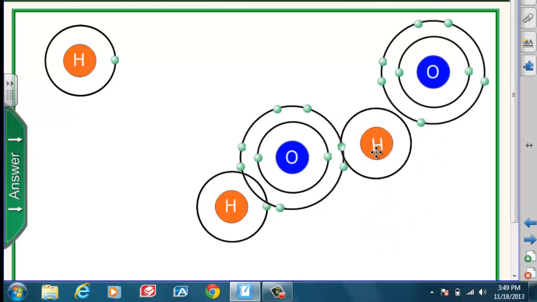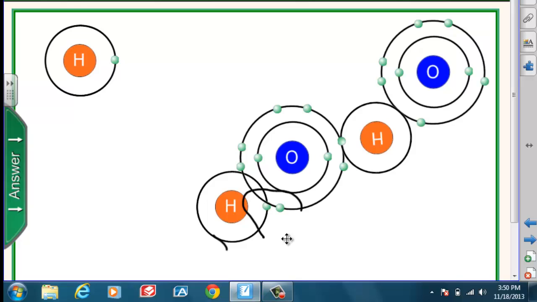So there's two areas here. I'm going to circle those, they're sharing those, and then over here we are sharing those two. So in this case, oxygen is going to share one electron with each hydrogen atom. So now hydrogen has its 2, so it's happy. And now oxygen has its 8, it's sharing with two hydrogens to get to its 8 valence electrons.